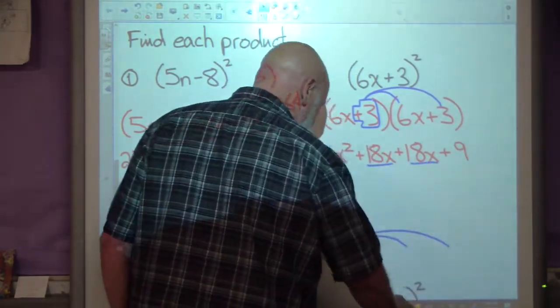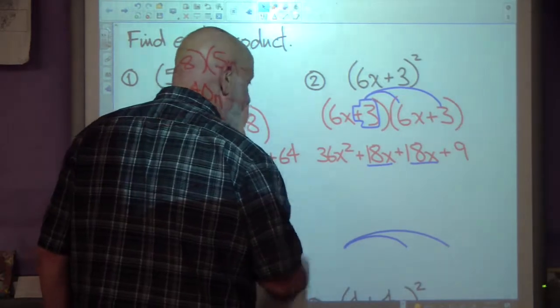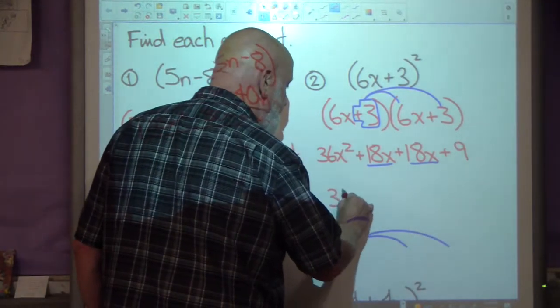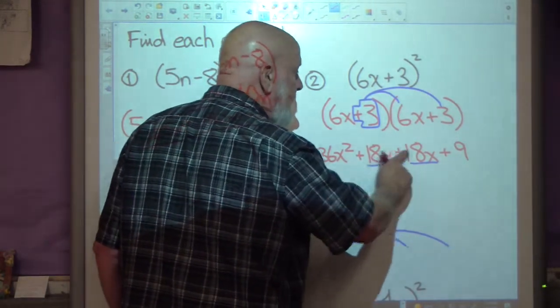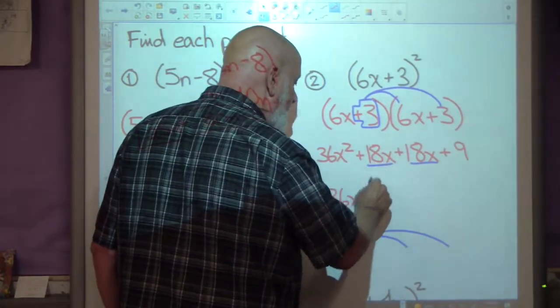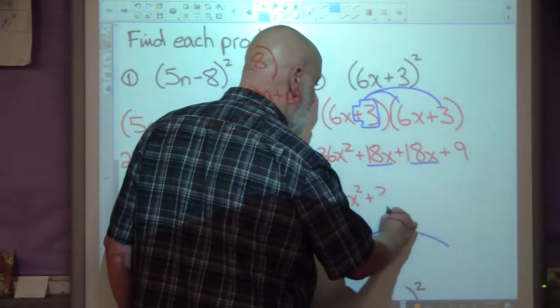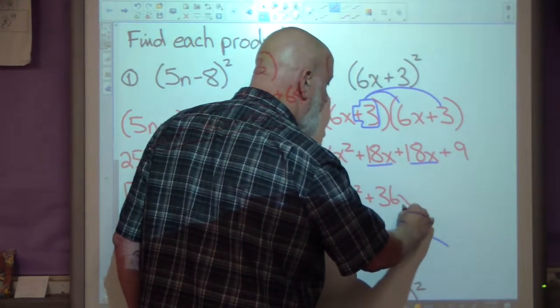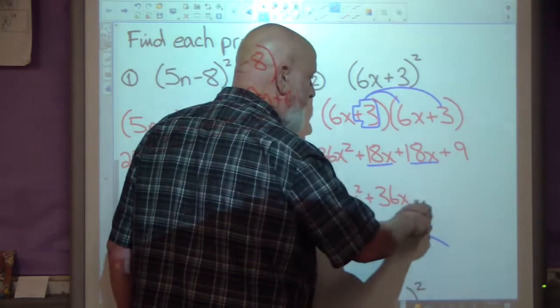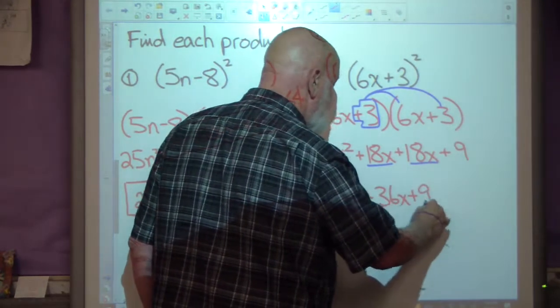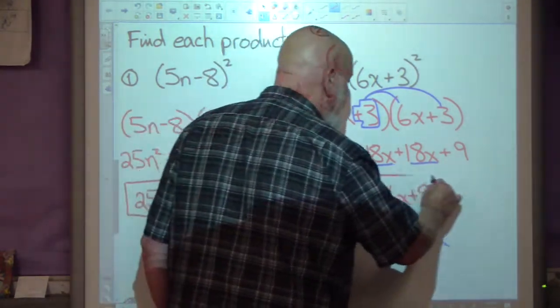Those are the only terms that have the same variable and the same exponent. So we add or subtract them depending on their signs. In this case, they're both the same sign. We're going to add and keep the sign. And they'll be positive, what is that, 36x. 18x plus 18x is 36x plus 9. And there we go.